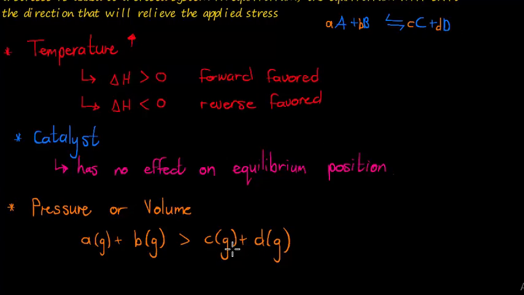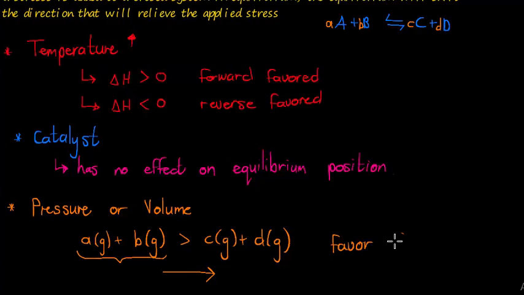The side that has the most, so for example, if the reactants have the highest moles of gas, then by decreasing the volume, I am causing this side of the reaction to have more successful collisions because more of it is gas. So if there's more successful collisions between the reactants, I am favoring the reaction that goes in this direction. So then an increase in pressure or decrease in volume will favor forward.